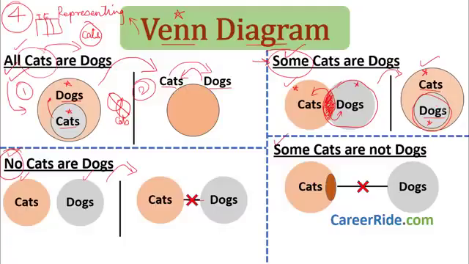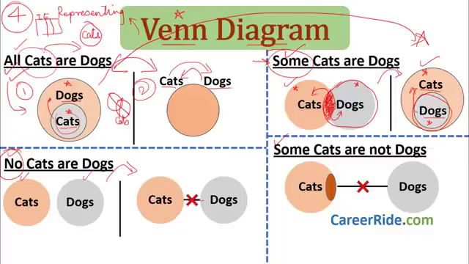Now what you will see directly is that this diagram is very similar to this diagram. You will say, oh, this is similar, but please observe carefully, it is much different. Here we say all the cats are dogs, with the cats outside and dogs inside, so here we can say all the dogs are cats, but our statement is some cats are dogs.